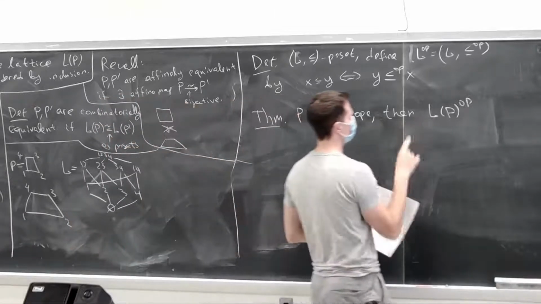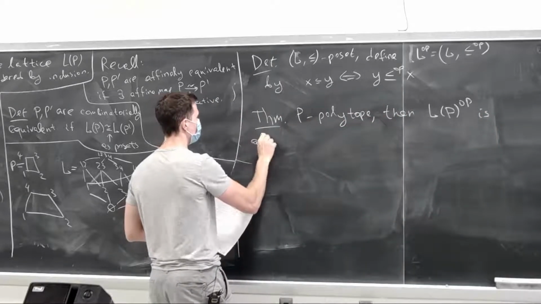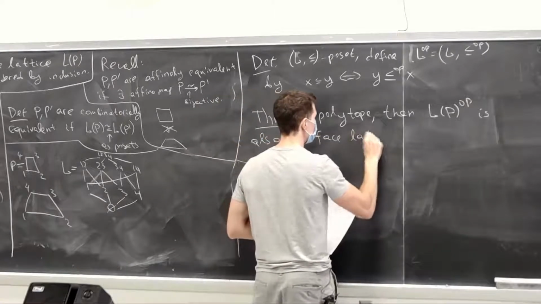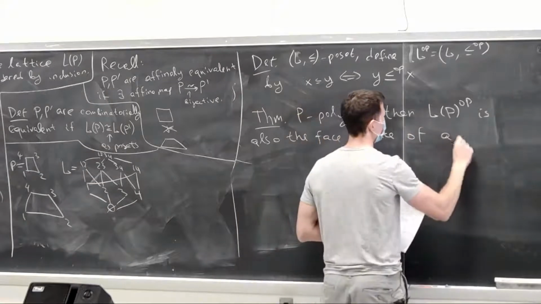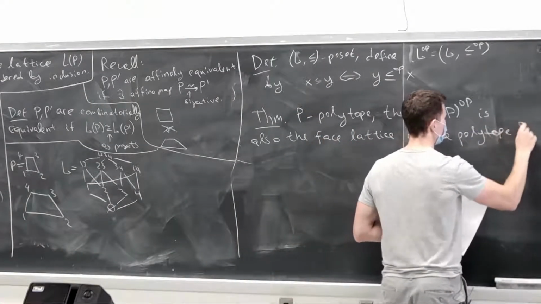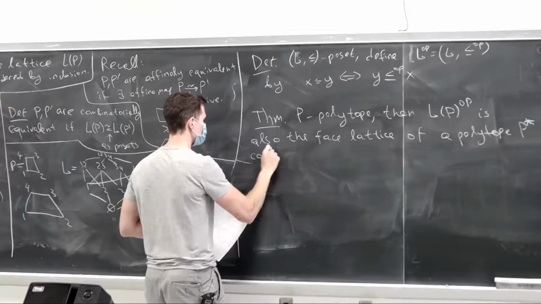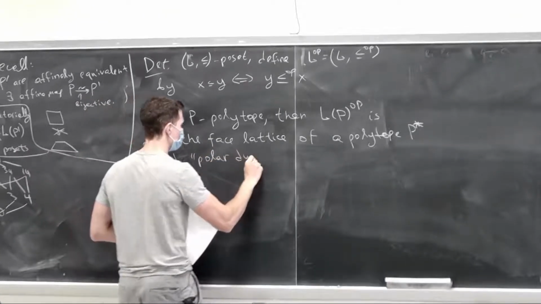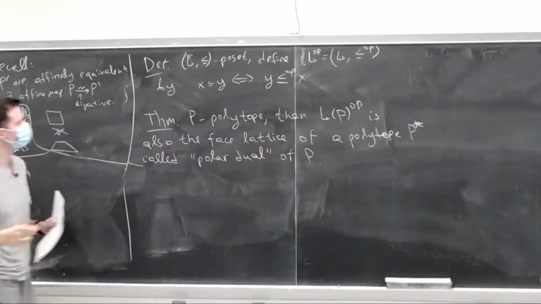The opposite of the face lattice turns out to also be the face lattice of a polytope, which I'm going to denote by P star, called the polar dual of your original polytope P.